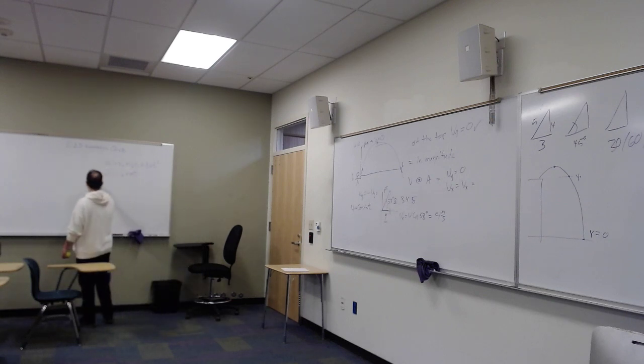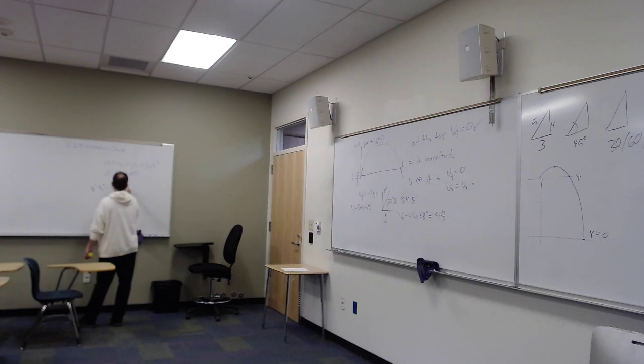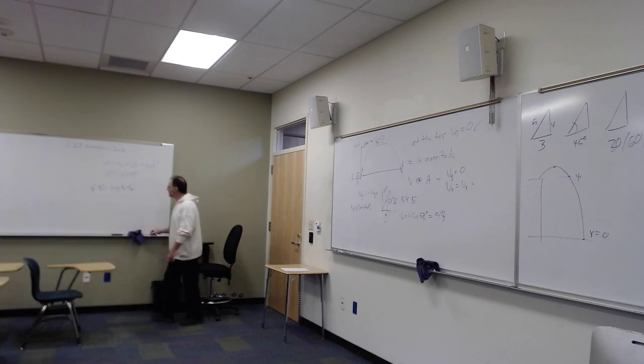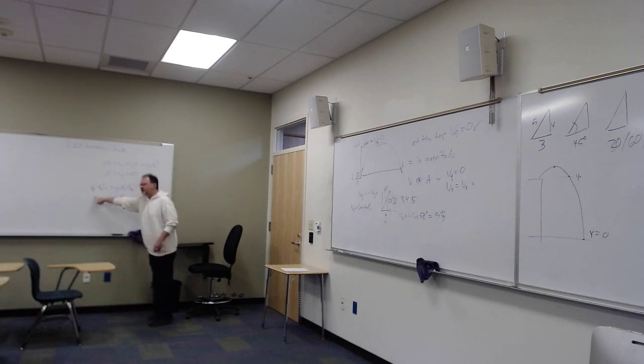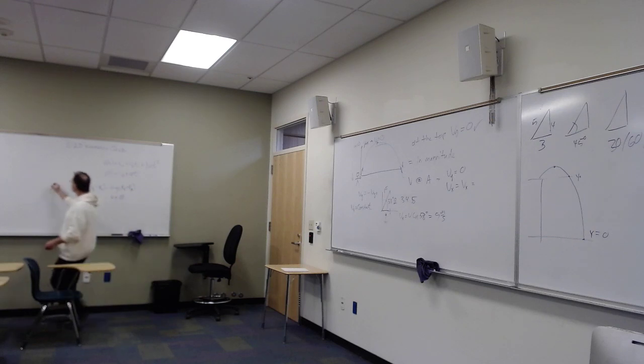And that is v final squared minus v initial squared is equal to 2g times x final minus x initial. Okay? We could write this as 2g delta x. But this is not delta v squared.